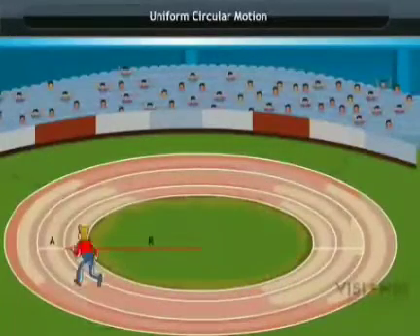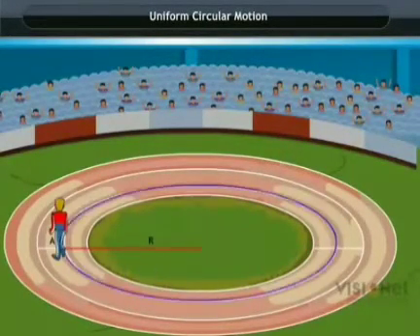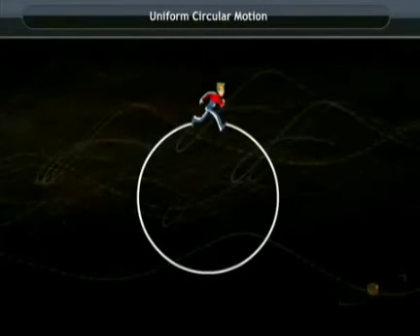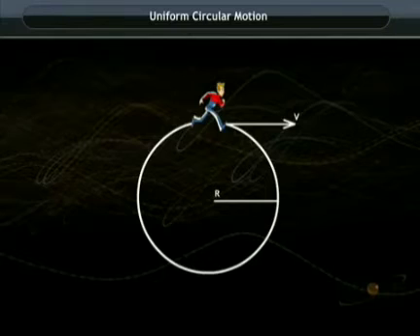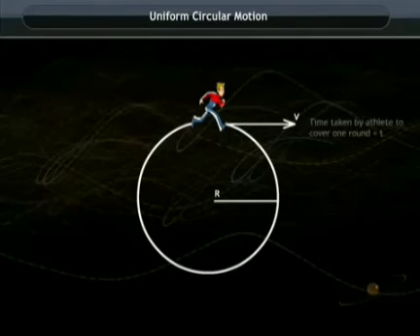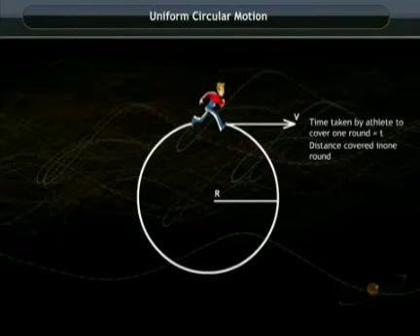Consider an athlete moving along a circular track of radius r. Consider any point A on the track. Direction of velocity at point A is along the tangent to the circle at point A. Time taken by the athlete to cover one round is equal to t seconds.